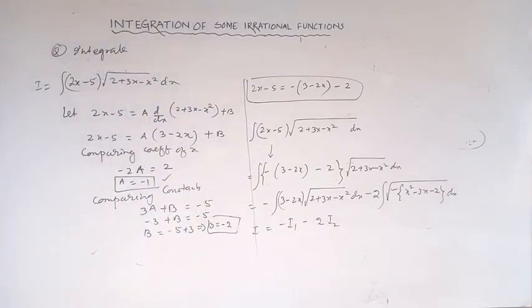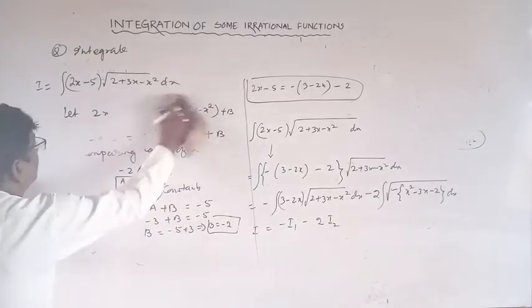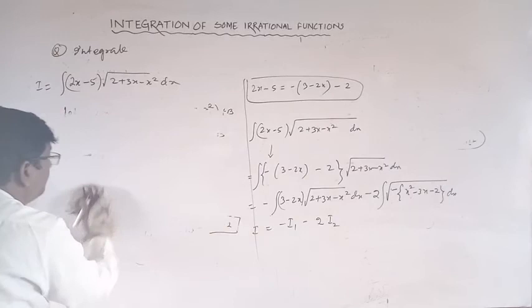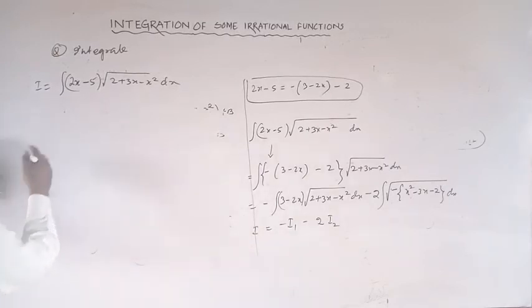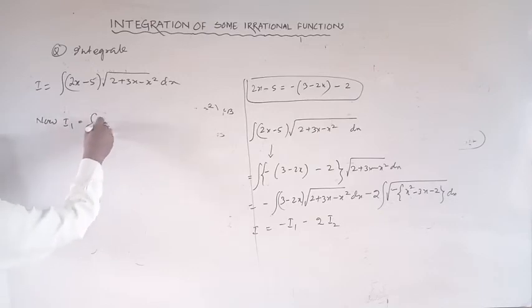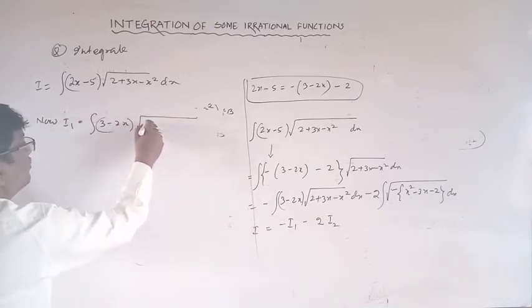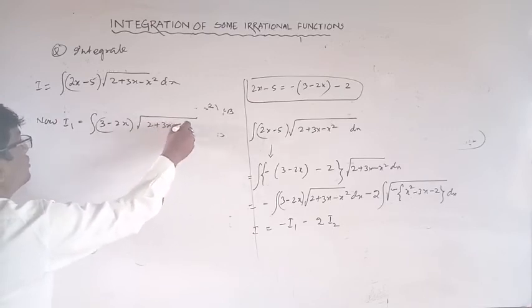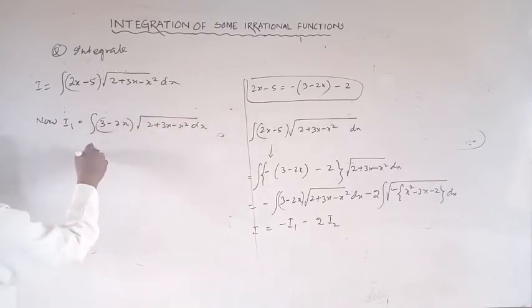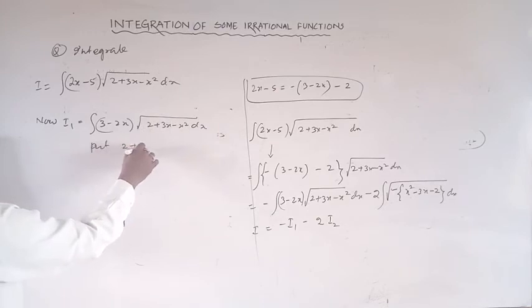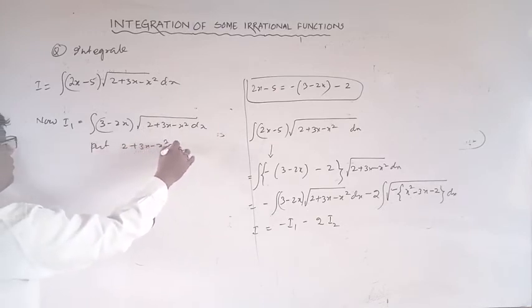Now for I1, I1 is equal to 3 minus 2x root over 2 plus 3x minus x square into dx. Put 2 plus 3x minus x square equal to t.